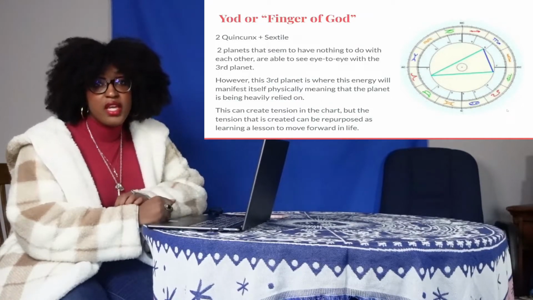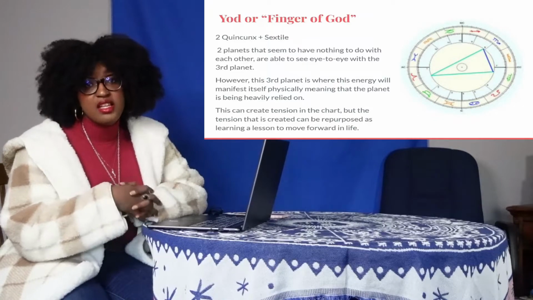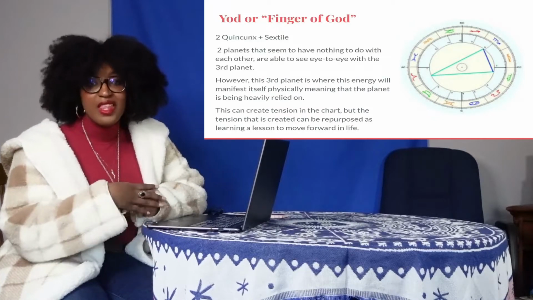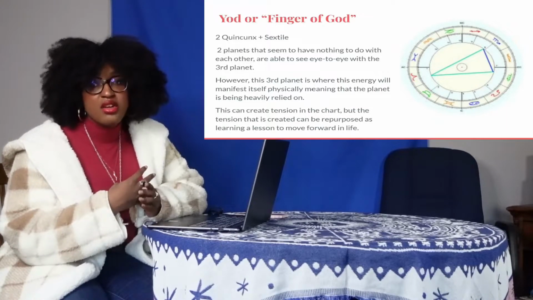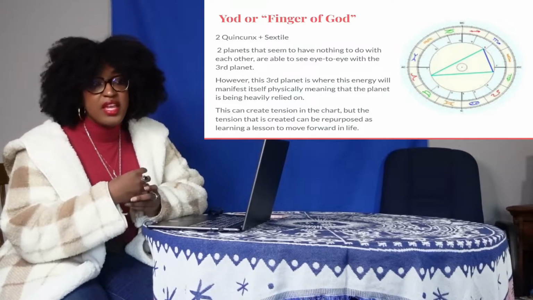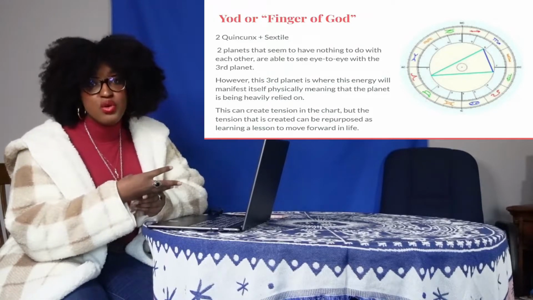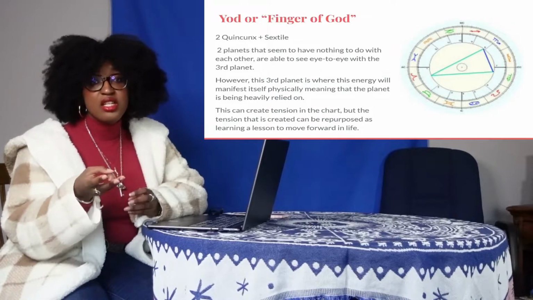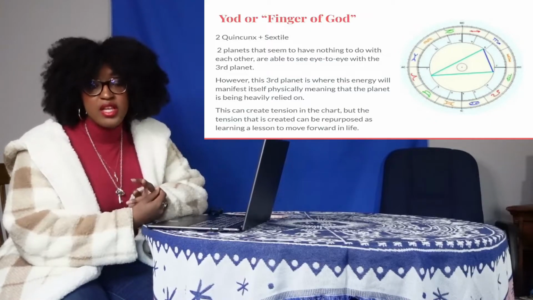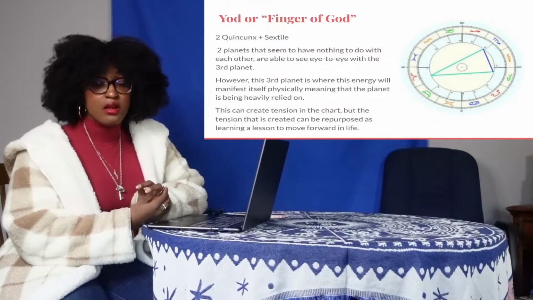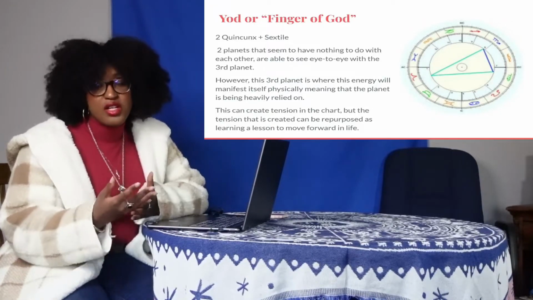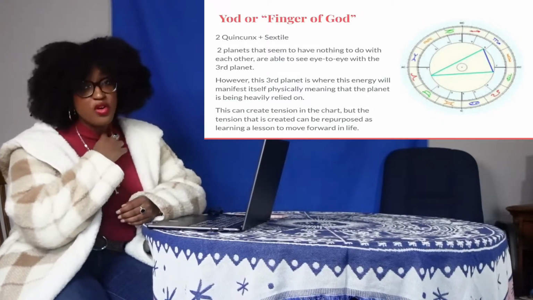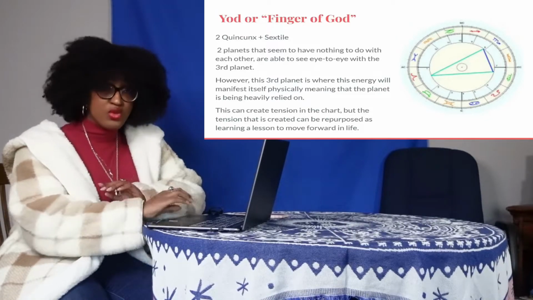So it's just kind of like doing your own thing, and as I said in the last video, just doing your own thing is not good because you're not A, respecting the other planet, B, you're not being able to get along with the other planet, and C, because you're just doing whatever you're doing, you're not taking into consideration how that's going to affect the other planet. But really, you just don't care. Well, the planet just doesn't care what it does to the other planet because it's just on its own time.